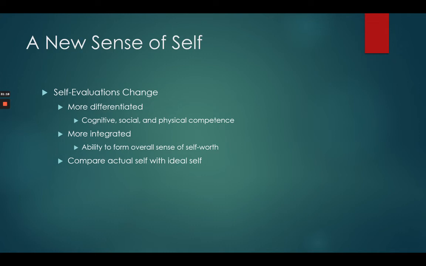Am I good at gym? Socially, what are they like socially and physically, etc. So they can think about multiple aspects of themselves, and it doesn't all go together. So if somebody's positive about their cognitive aspects, it doesn't mean they're positive about social and physical stuff. It could be different.